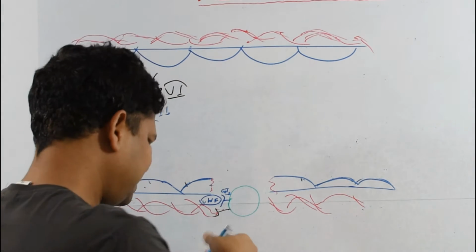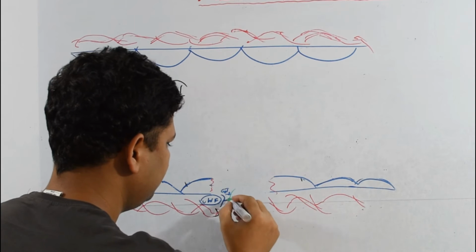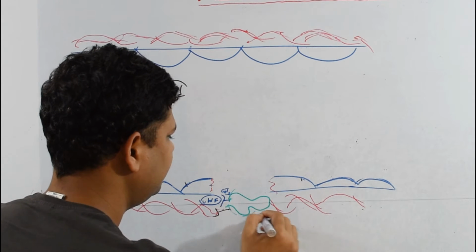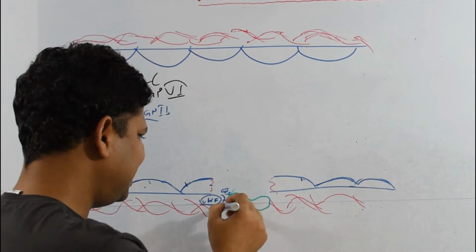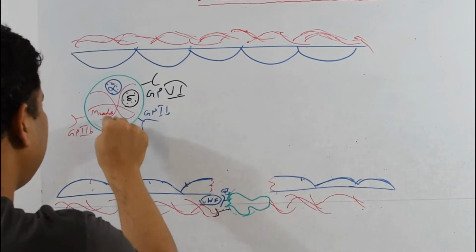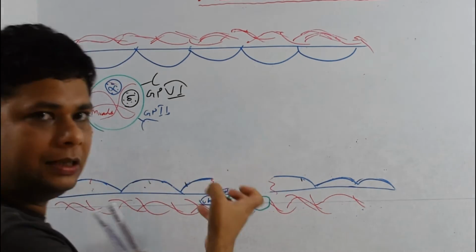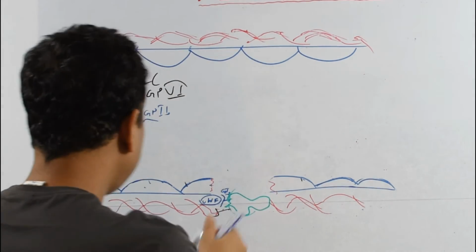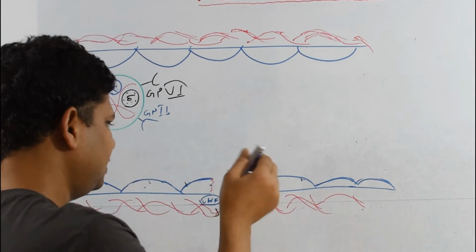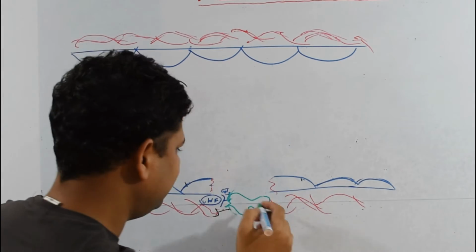The activated platelet will change its shape. It will form like this. The platelet will change its form using its microtubules. Microtubules help after activation in changing the shape, and the platelet will release these granules and the material inside them.